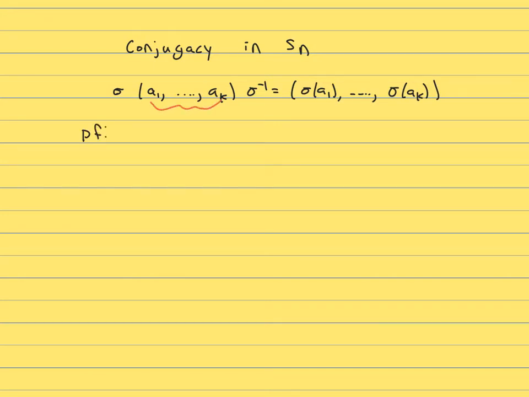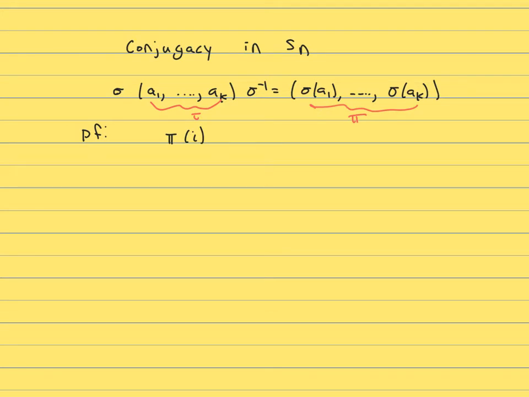We'll call this k-cycle tau, and we'll call this k-cycle tau prime, or pi, just for simplicity. And so what do we want to do? Well, let's see what happens. Let's compute pi of i. Well, let's look at sigma.